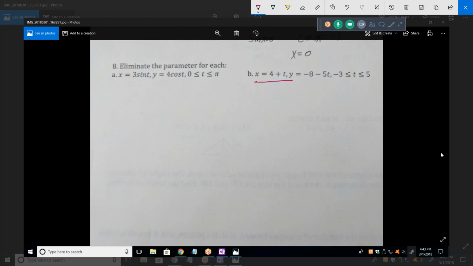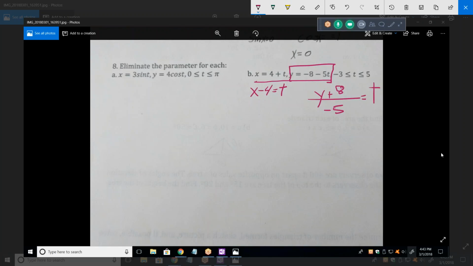What you do basically is solve each one for t, and then you've eliminated the parameter. In other words, this one over here, you get x minus 4 equals t, and this one over here, you get (y plus 8) divided by minus 5 equals t.